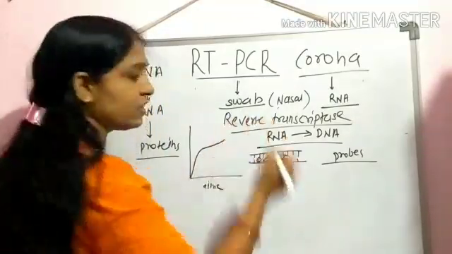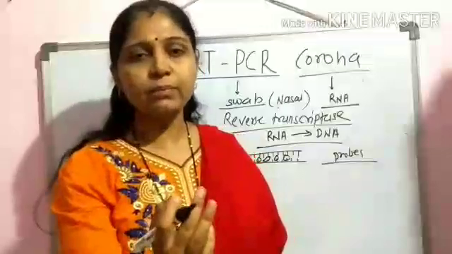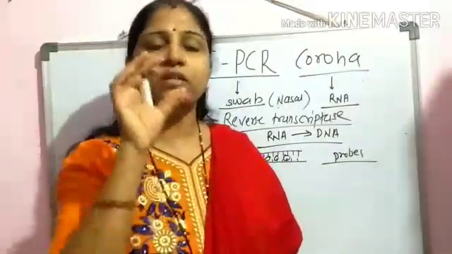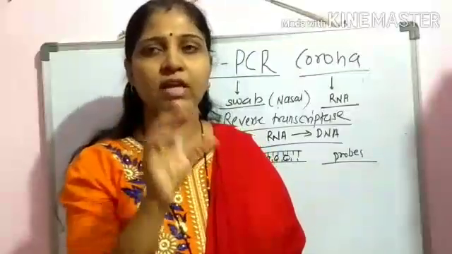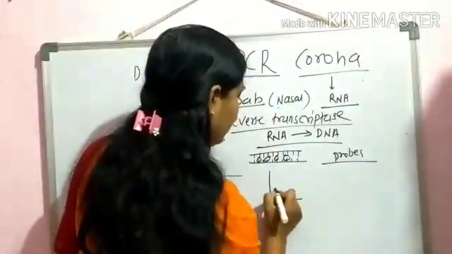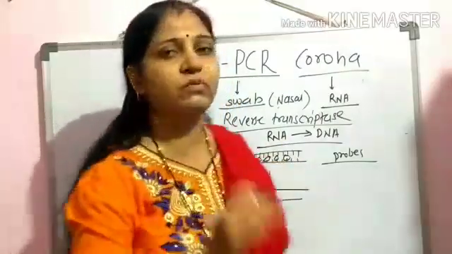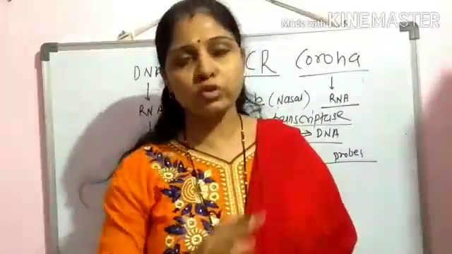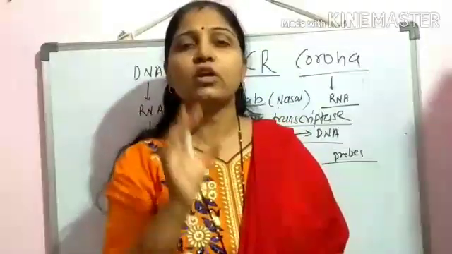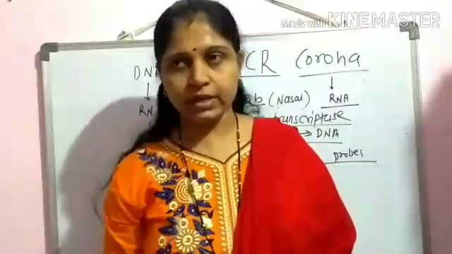If the fluorescence increases along with the time of amplification, it indicates that there is the presence of the coronavirus and the corona test is positive. If there is no increase in the fluorescence, it indicates that the corona test is negative.